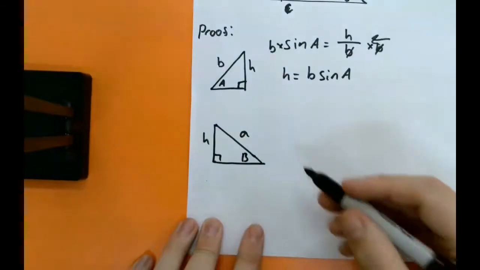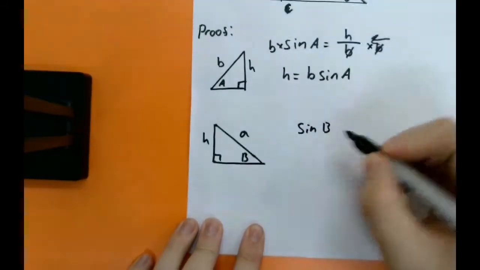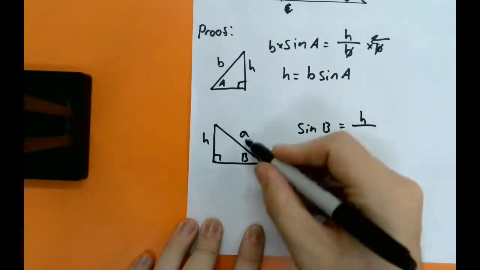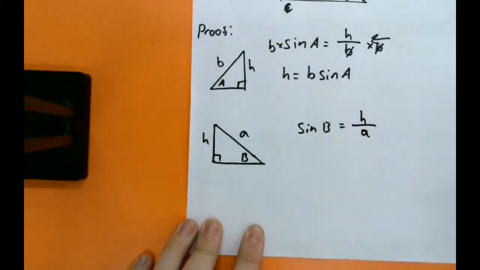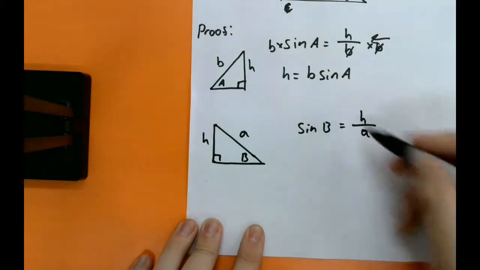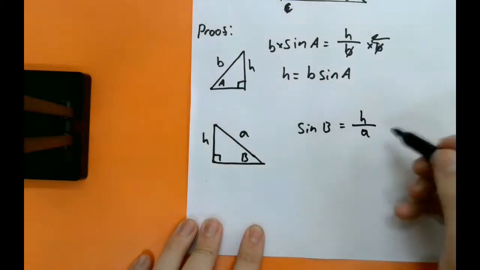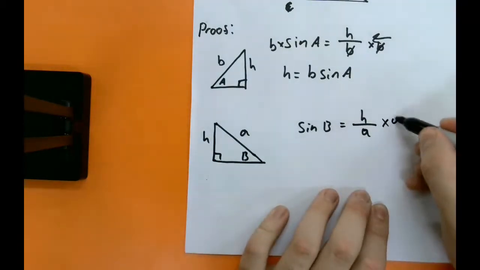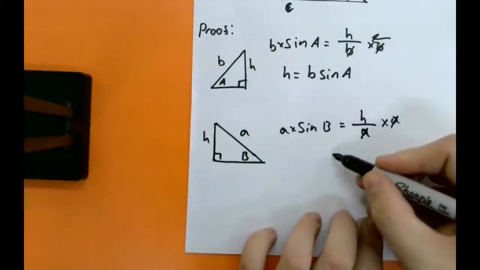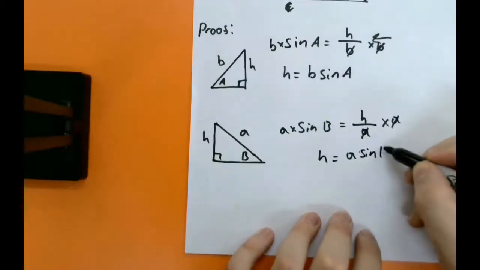So if we take this idea of having sine of B in this particular triangle, you notice H is opposite over the hypotenuse, which in this particular case is A. What we're essentially aiming to do here is again get an expression of just H equals something. To do that we need to get H by itself, which means we multiply both sides by A. These two will cancel, leaving us with H is equal to A sine B.